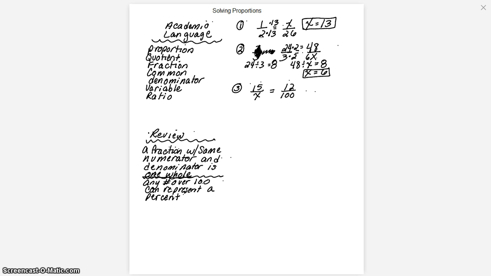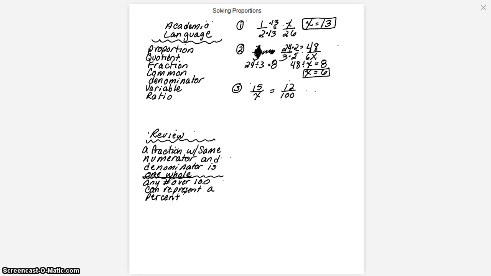So how are we going to do this? The easiest way to do it is to multiply both sides by the common denominator. Okay, and if worse comes to worse, you can't think of a common denominator, you can just multiply the two denominators together. That's going to be the easiest way to do that. And it's not always going to be the least common denominator, but it will be a common denominator.